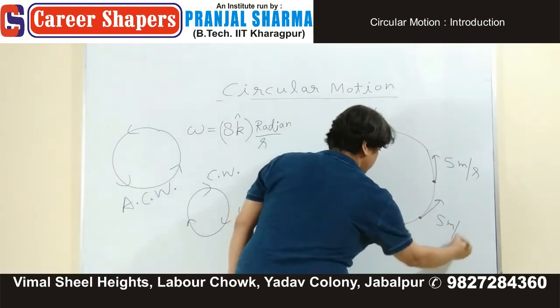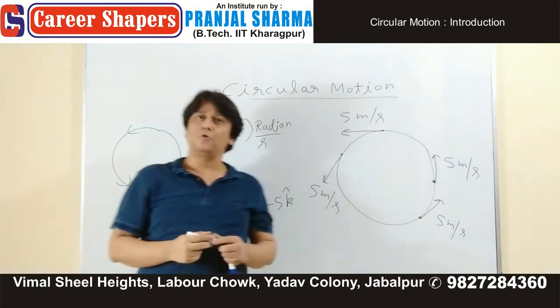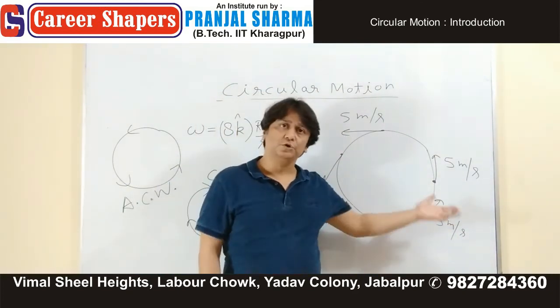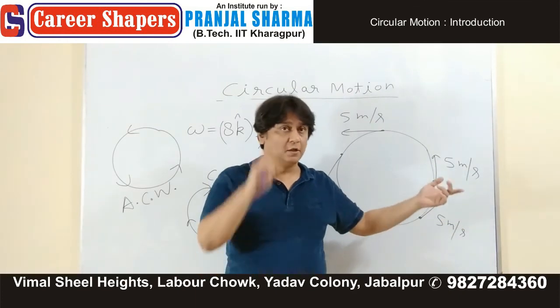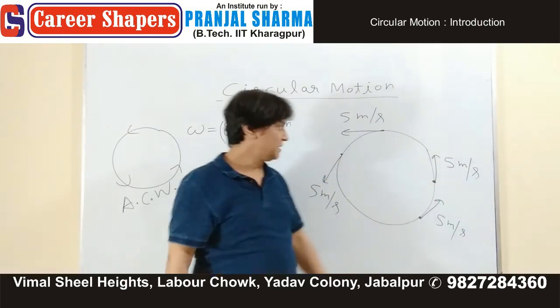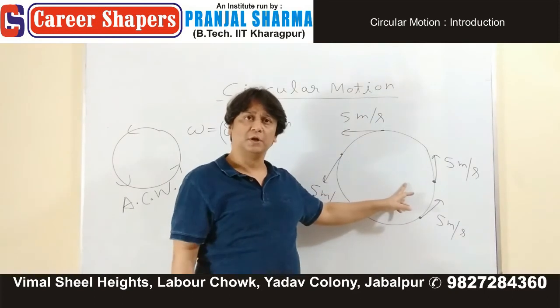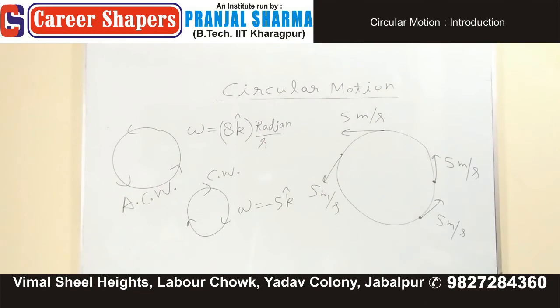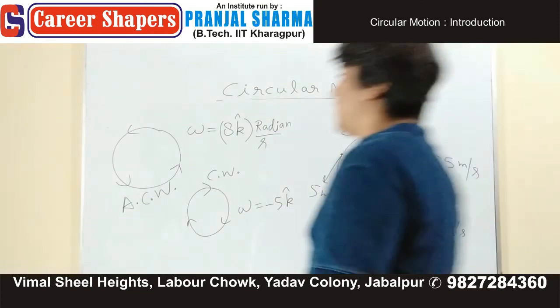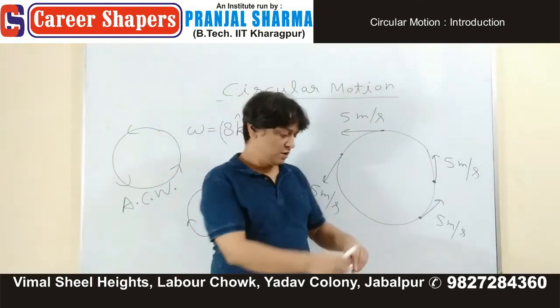Now tell me how many values of velocity vector we can create for this circular motion. Write down fast in the comment box. How many v vectors? Good. Infinite. What is this?